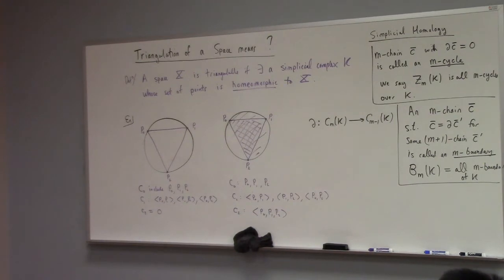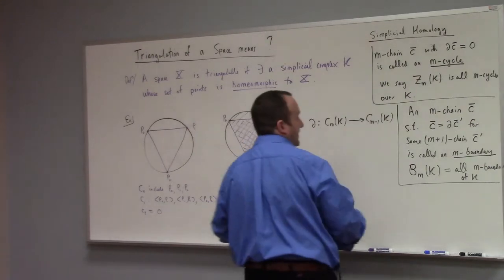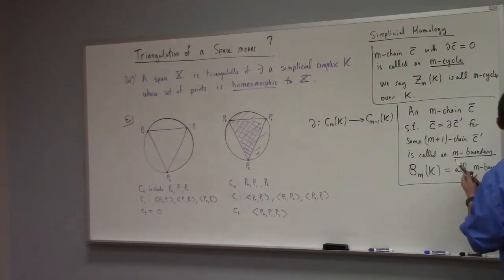So here's the definition of homologous. Two M chains are said to be homologous. I feel like I'm mispronouncing that.